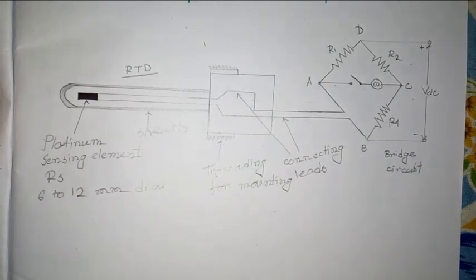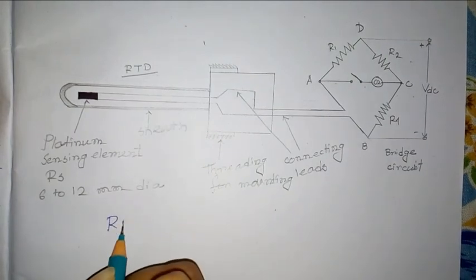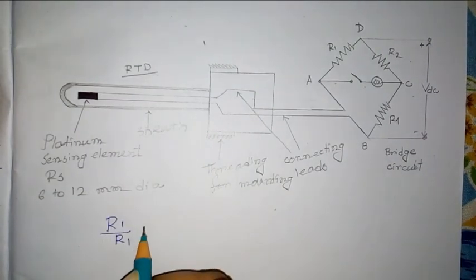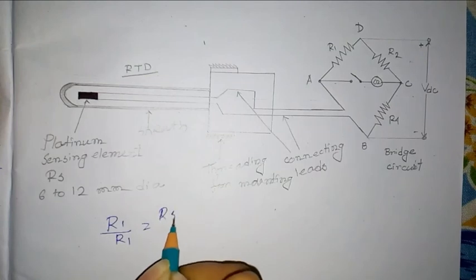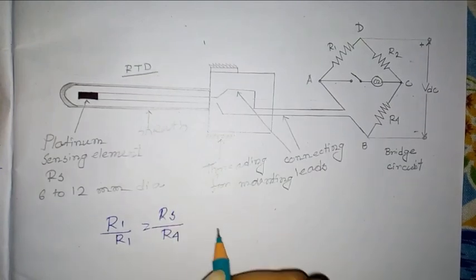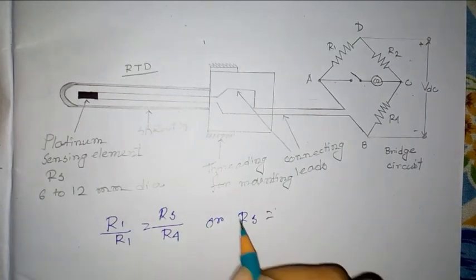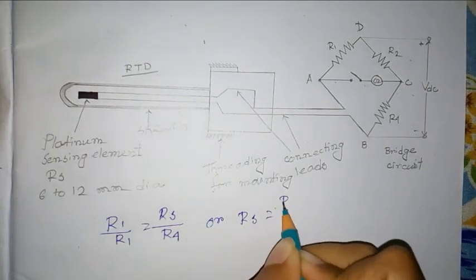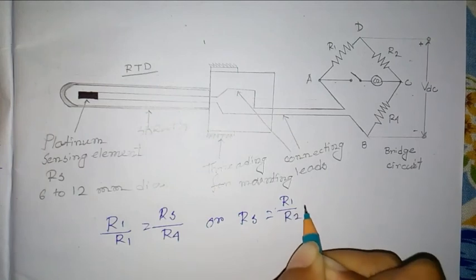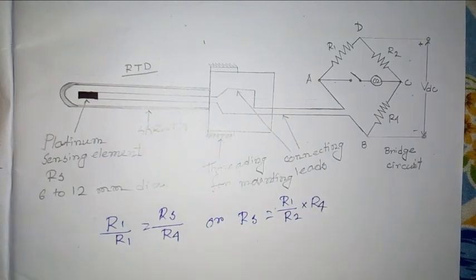By properly selecting the values of R1, R2 and R4, the bridge can be balanced such that the following relationship holds good: R1 by R2 is equal to Rs by R4, or Rs is equal to R1 by R2 into R4.